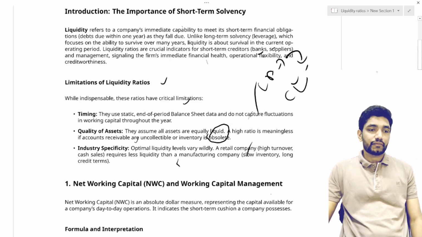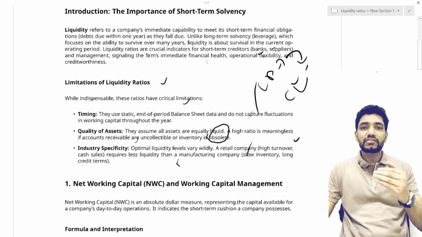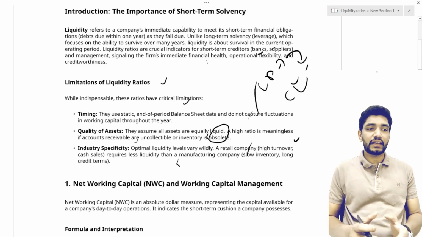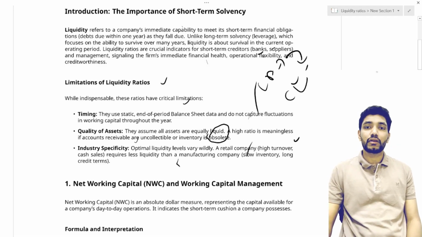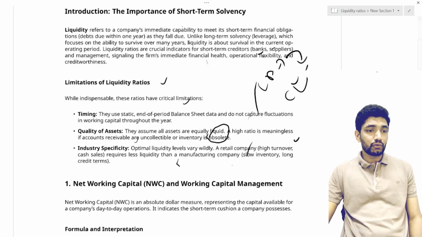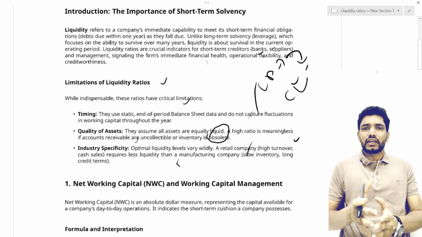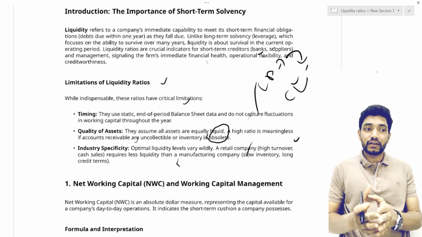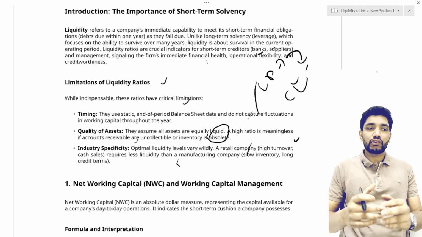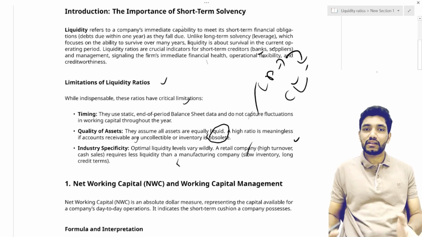For example, a retail company with high turnover and cash sales requires less liquidity than a manufacturing company which has slow inventory and long credit terms. In retail, the liquidity required will be less because there is high turnover and a lot of cash sales.